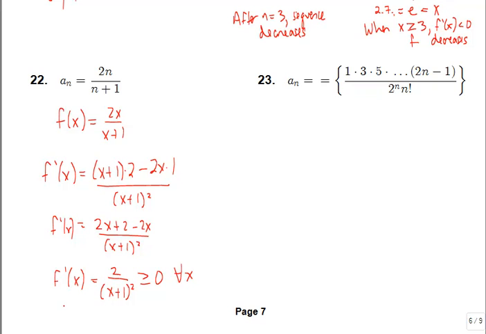So that means the original function f, which in this case is our sequence, is always increasing. So without even looking at some terms here, I know that these terms are always going to be increasing based on the derivative. And we can't really do that for this next example because we don't have derivative rules for functions that look like this.